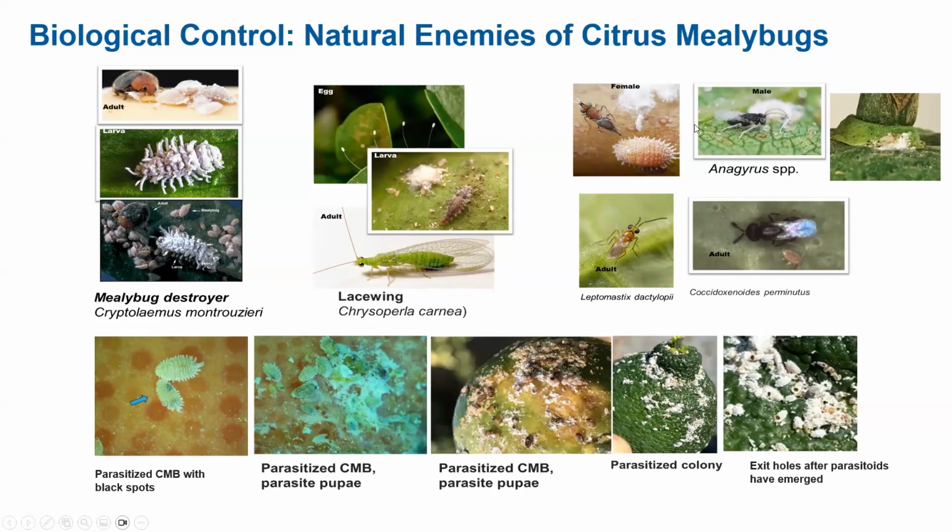And then there are quite a few parasitoids, Anagyrus, Leptomastix, and Coccidoxenoides, which are also commonly occurring parasitoids out in the field. We have collected parasitized mealybugs from the fields and reared them out. All these photos that you see lined at the bottom are actually field photos of parasitized colonies.